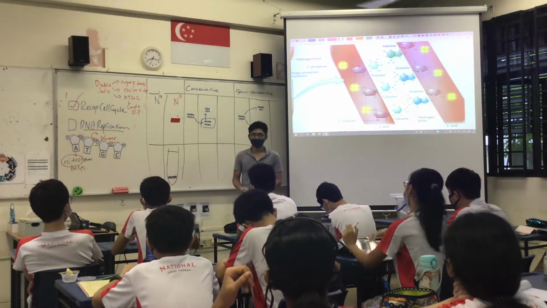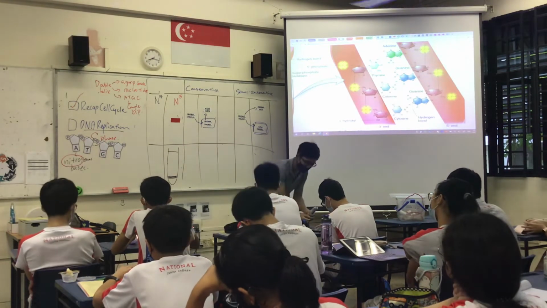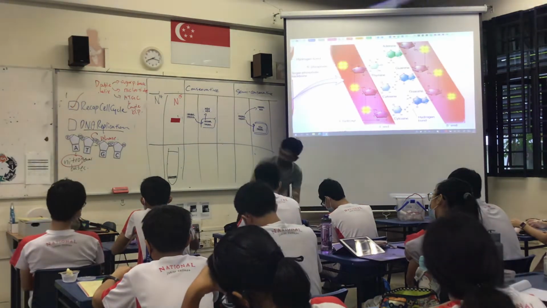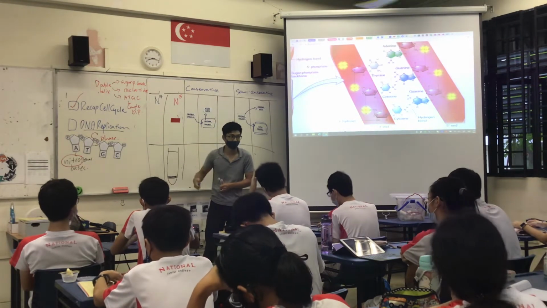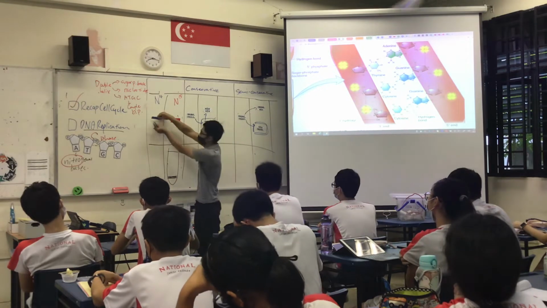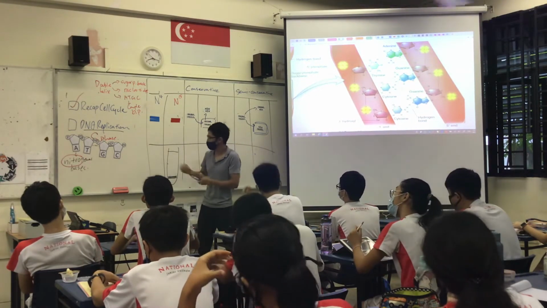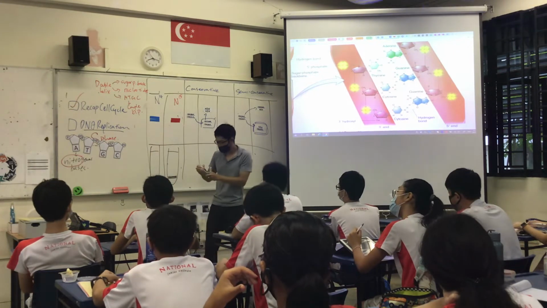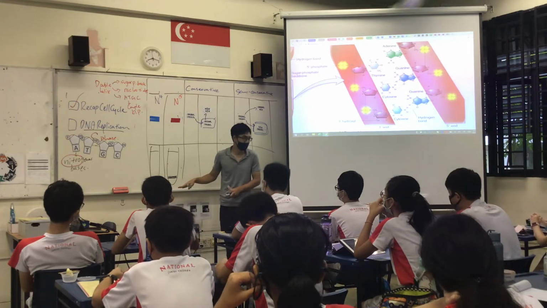Then if I were to take cells and grow them in nitrogen 14 that's lighter, all the DNA will come out very light. If I were to kill the cells and take them for a spin, you expect that the DNA, after spinning, won't sink as low because it's lighter.